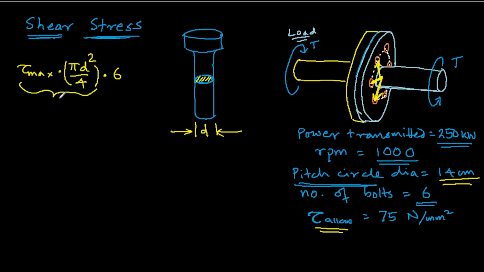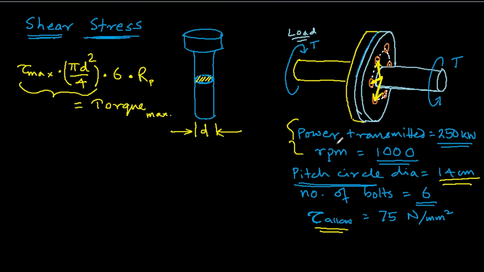So 6 times this times the pitch circle radius is the torque basically. But we do not know the torque that is coming; we are given only the power and the rpm. So this is the maximum torque.